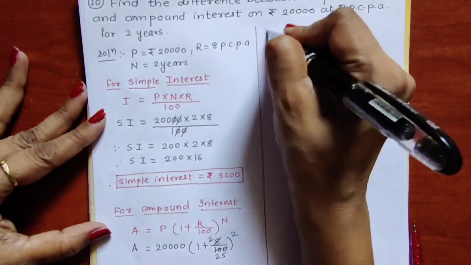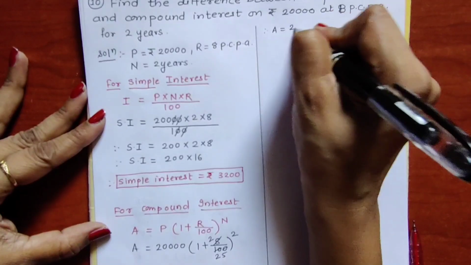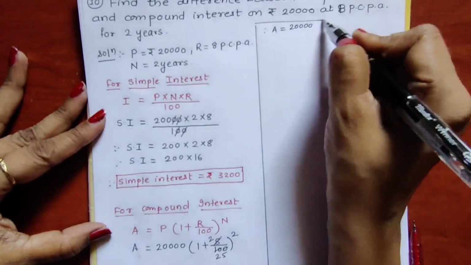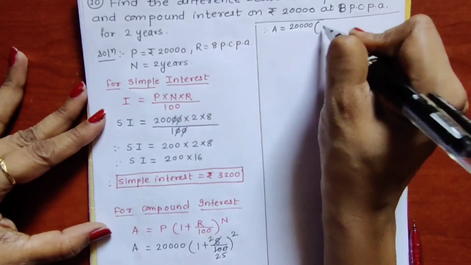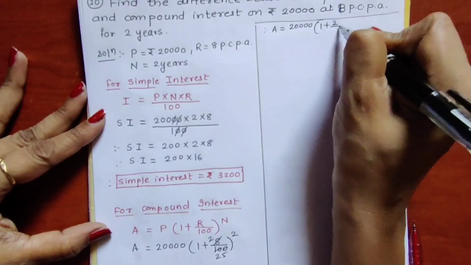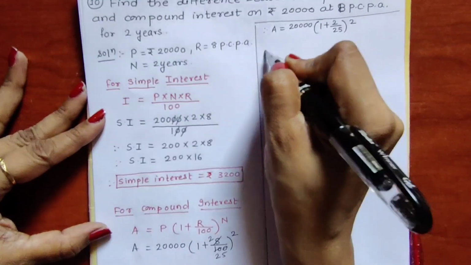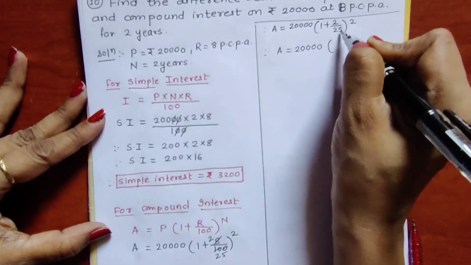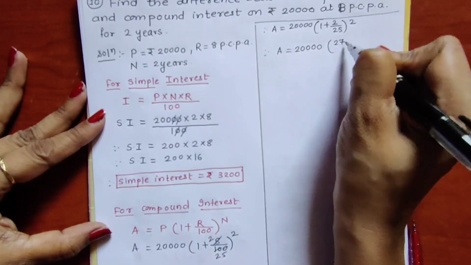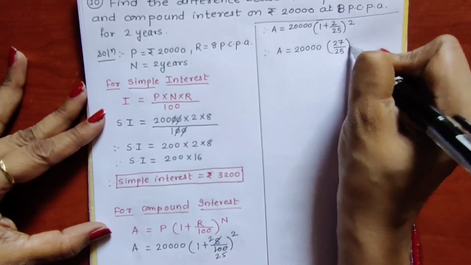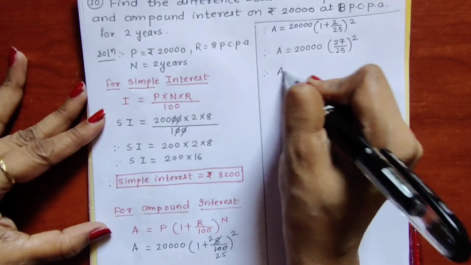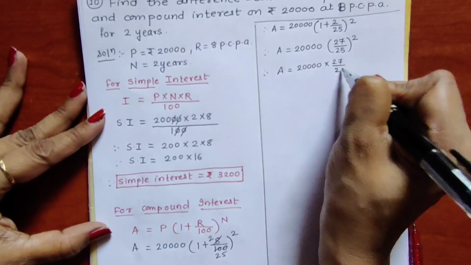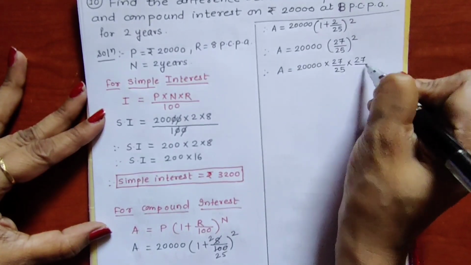Therefore A value is 20,000 in bracket 1 plus 2 upon 25 square. Therefore A is equal to 20,000. 1 plus 2 upon 25 we have done it before also. It will be 27 upon 25 square, and therefore A is equal to 20,000 multiplied by 27 upon 25 multiplied by 27 upon 25.